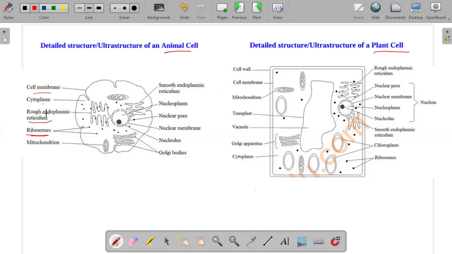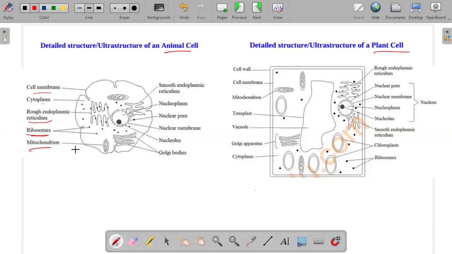Besides the rough endoplasmic reticulum, you also have something similar, which is the smooth endoplasmic reticulum. What differentiates the two is just that the rough endoplasmic reticulum has ribosomes on its surface, while the smooth does not.